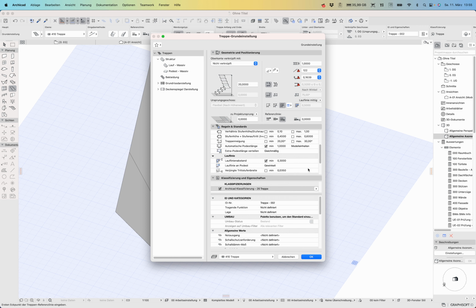So other things, the running line, the walking line, okay, 50 centimeters from the inner. Okay, and it should not be nearer than maybe 10 centimeters.